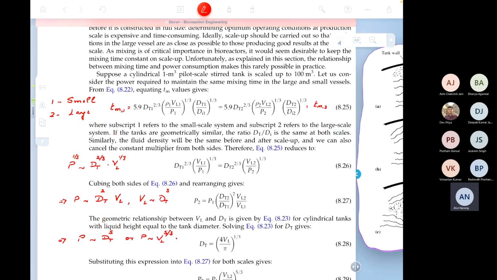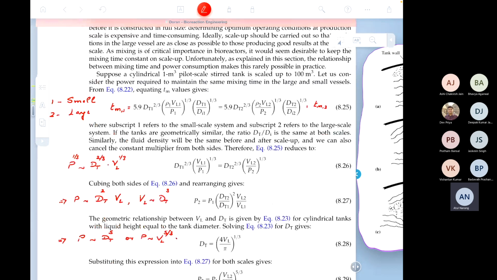So if the tank diameter goes up K fold, then impeller diameter will also go up K fold. One always does a scale up with geometric similarity. And you might ask why that is the case. Well, there are actually two things that can change as you scale up: the geometry and the hydrodynamics.